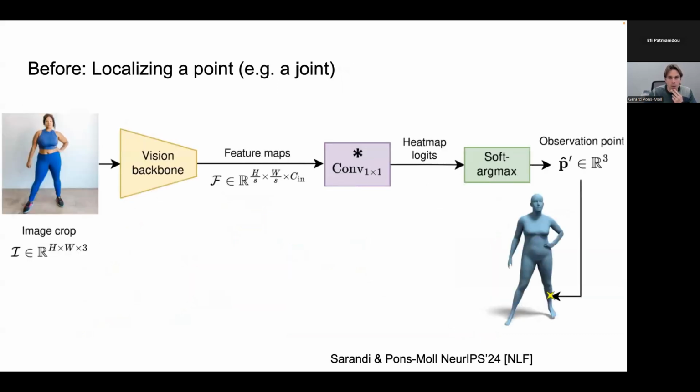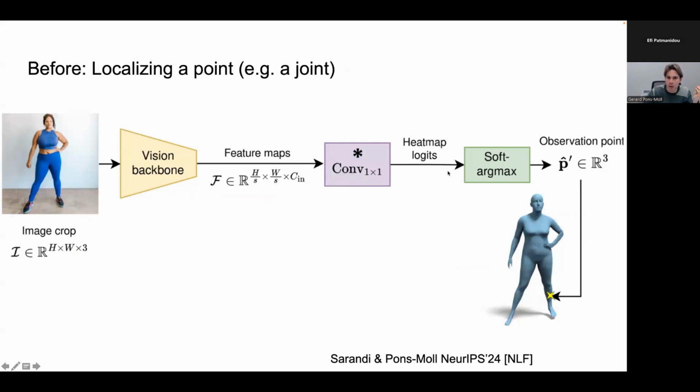All right, so to predict key points the standard way, what we've learned over the last 10 or 15 years is that what really works well is you pass the image through a vision backbone, you obtain feature maps, and then you have convolutional layers that are supposed to detect particular key points in the image.